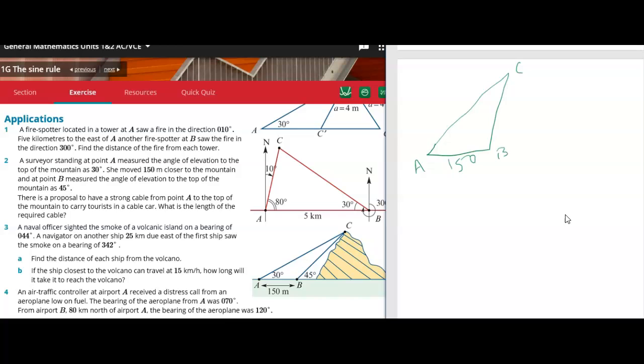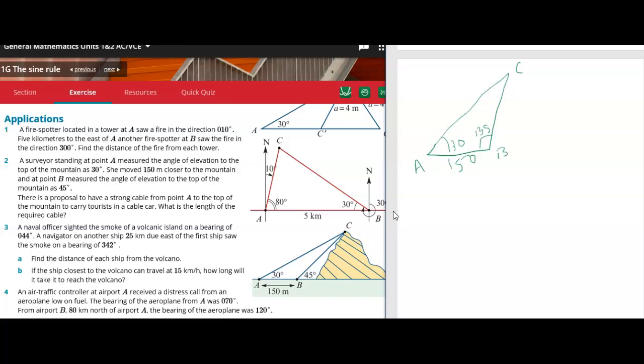Okay, so we've got 150. This angle here is 30. Now, I know that is 45, and because we've got a straight angle there, which adds up to 180, this angle here must be 180 minus 45, which is 135.